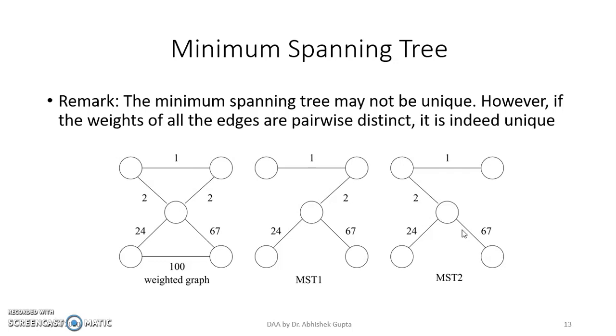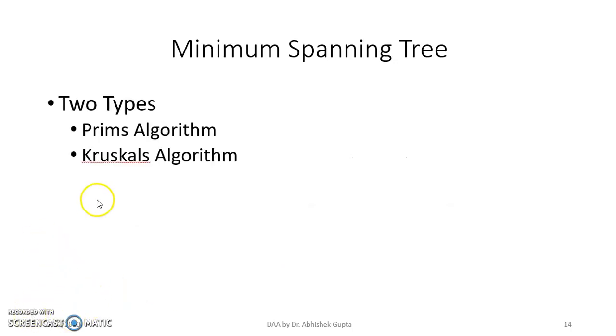So if you are able to make a tree which has the minimum cost, and if multiple such trees are available and the cost of all the trees is the same and minimum, then all these will be minimum spanning trees. So the number of minimum spanning trees can be 1, 2 or 3, or any number, depending on the situation. So this is all about the minimum spanning tree.